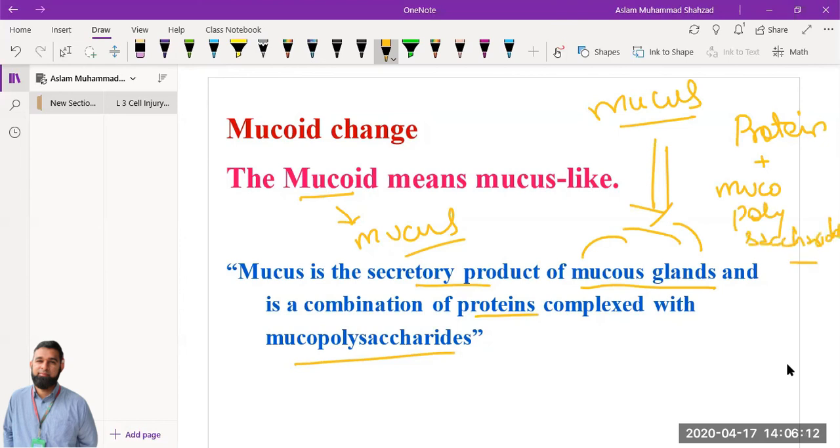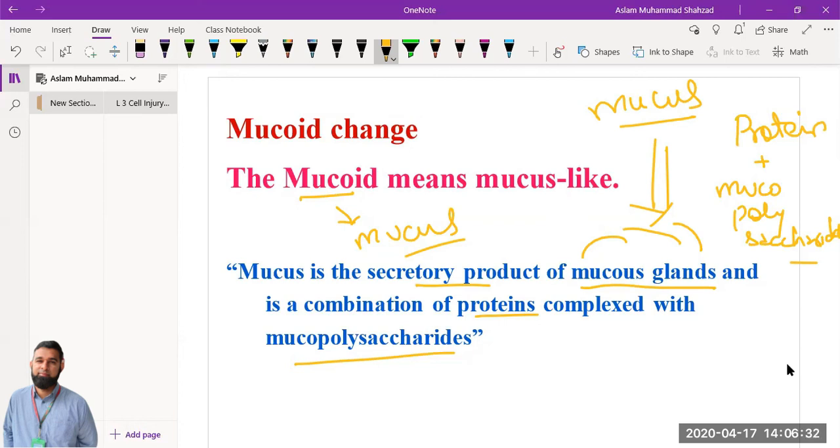I have put the definition of mucopolysaccharides as well, though these are not related to our topic. In general, mucopolysaccharides are long chains of sugar molecules that are found throughout the body, and they are responsible for lubrication in the body.